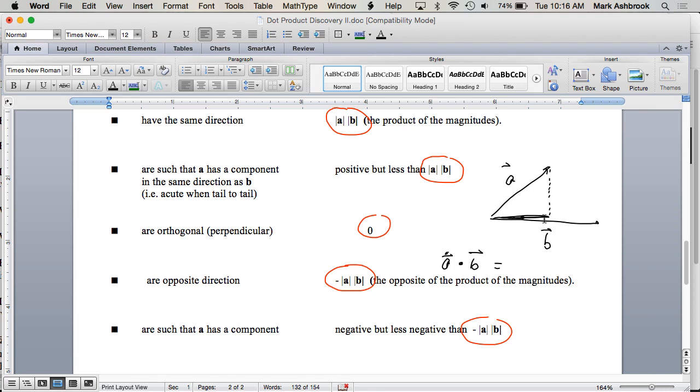So what is this much of A? The projection of A on B, right? So it's the cosine. The magnitude of A times the cosine of this angle gives you how much of A is in the direction of B. And that's what we're going to multiply by the magnitude of B. So we take the magnitude of A times the cosine of the angle between the vectors times the magnitude of B.